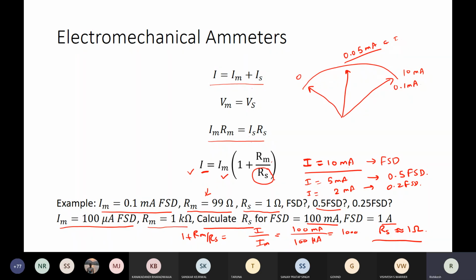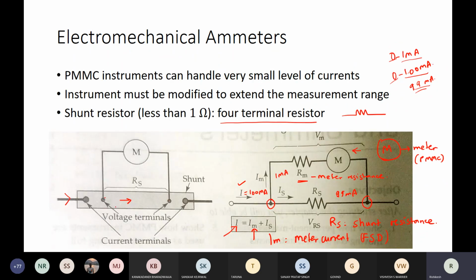The reason being that, remember, all these meter calculations and extending the range from a lower value to a higher value depend mainly on Rs, right? So if the Rs is incorrect, the entire scale will be wrongly calibrated, right? So to maintain this Rs constant throughout the operation, irrespective of the value of the current which is flowing through the circuit.